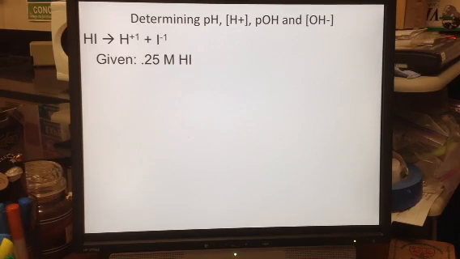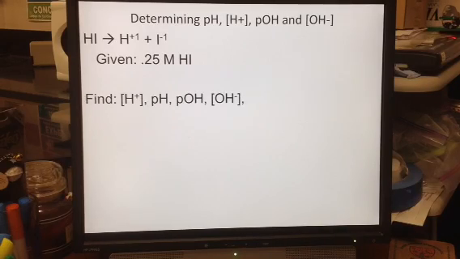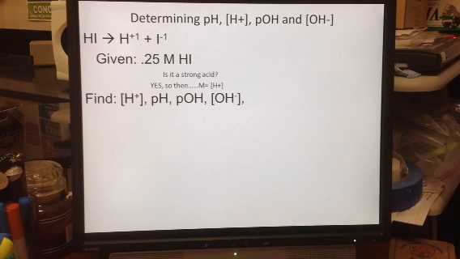And the first step is for you to determine, is that a strong or a weak acid? Because it matters what formula you start the equations with. So the first step is, is it a strong acid? You have to know your 7 strong acids, and hydrogen iodide happens to be one of your 7 strong acids.